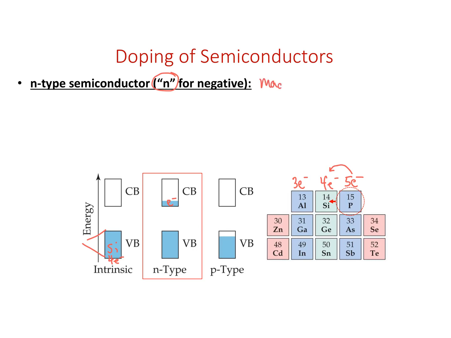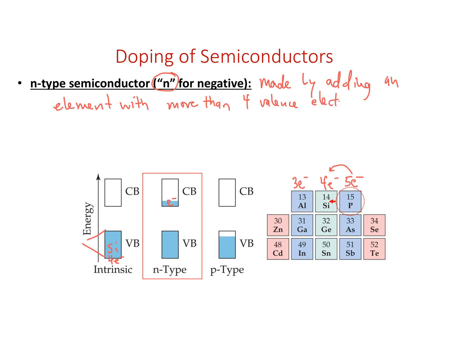So we make that by adding an element with more than 4 valence electrons into our pure semiconductor.